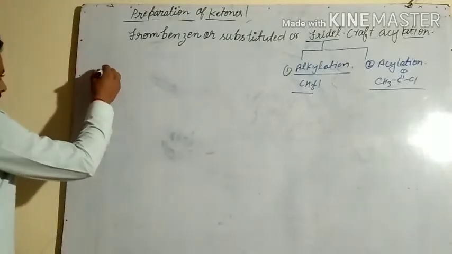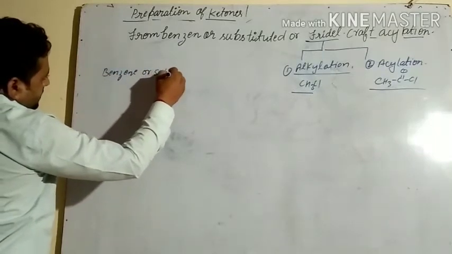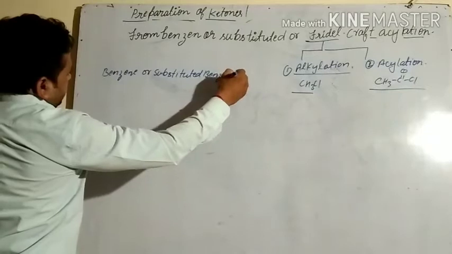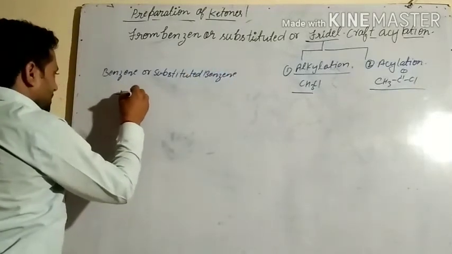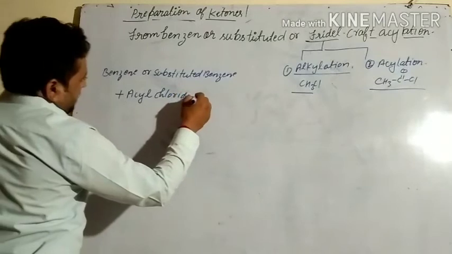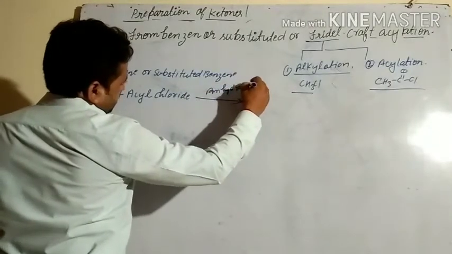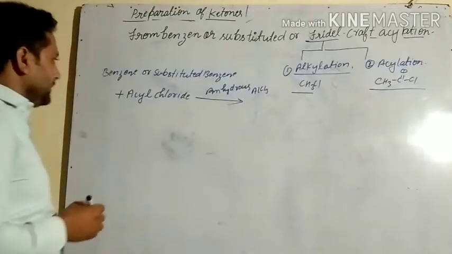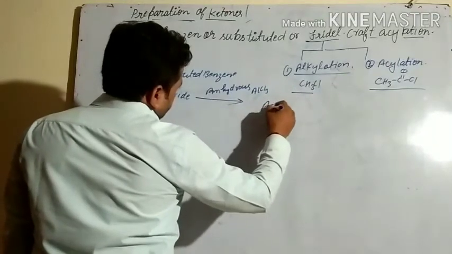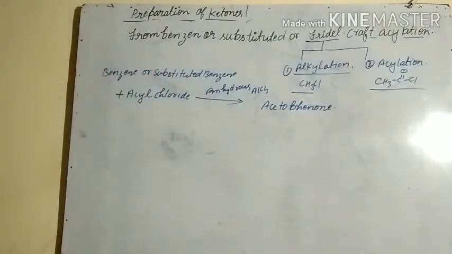So what is the reaction? Benzene or substituted benzene reacts with acyl chloride in presence of anhydrous AlCl3 and gives acetophenone.